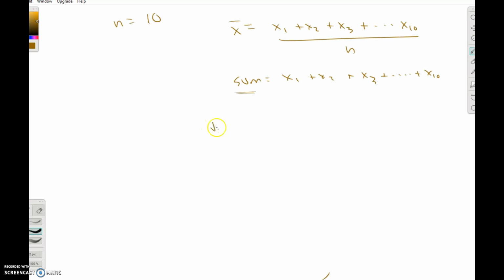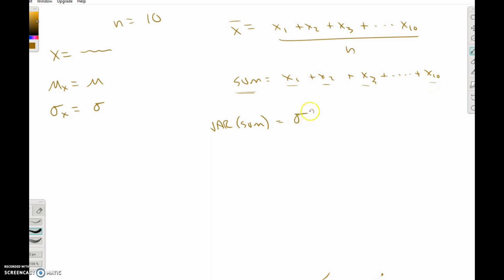So if I wanted to find the variance of the sum, I would simply add together the variances. Suppose X is whatever the random variable is, the mean of X is mu, and the standard deviation of X is sigma. Well, if I want to find the variance of the sum of these 10 things added together, if these are independent variables, then I can simply add their variances.